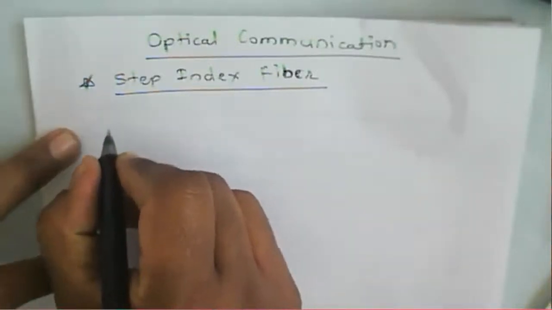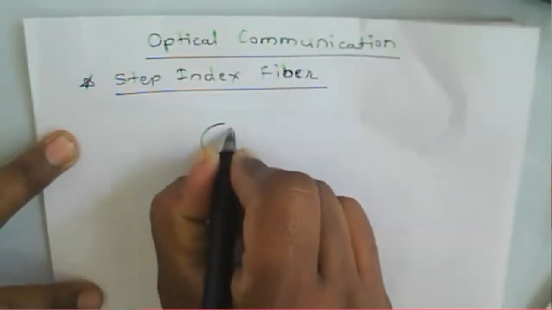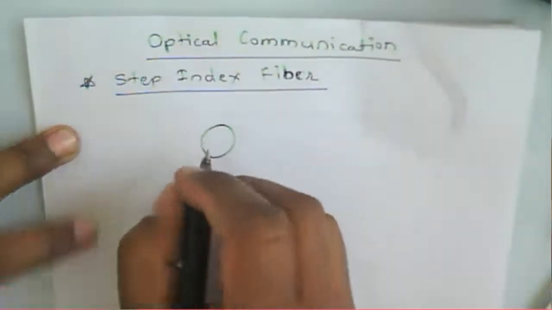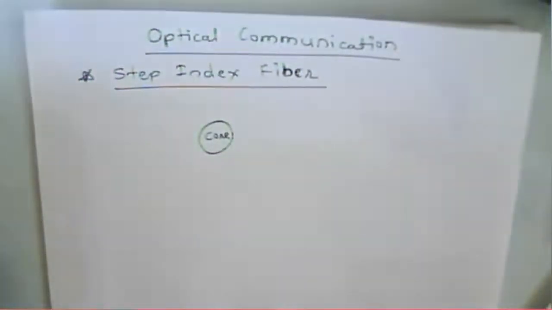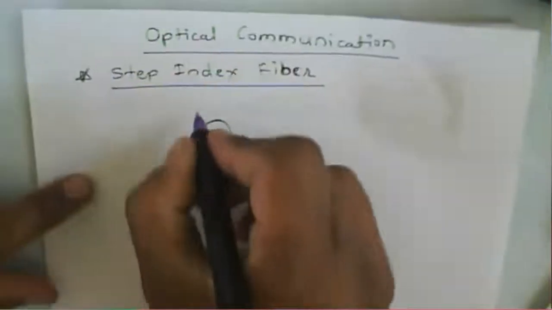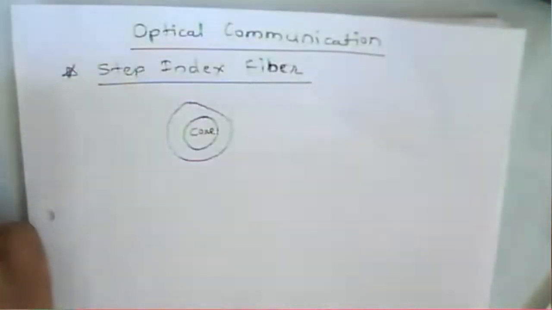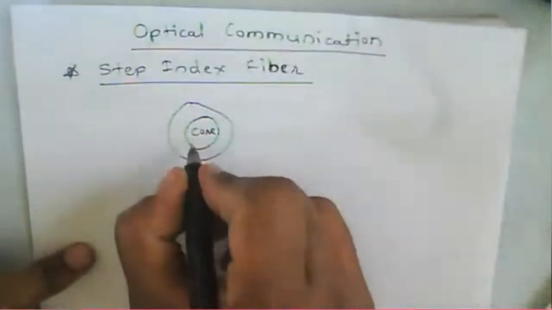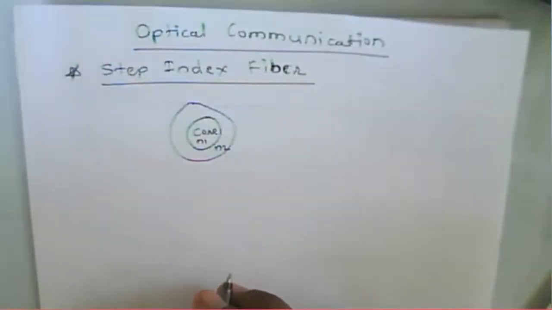In a step index fiber, the core is there. This one is about a core of fiber, and throughout that core, the refractive index is a constant, throughout this given core. But in the case of cladding, there is a difference in the refractive index. Now I'm saying that this one is N1, so this becomes N2 here.